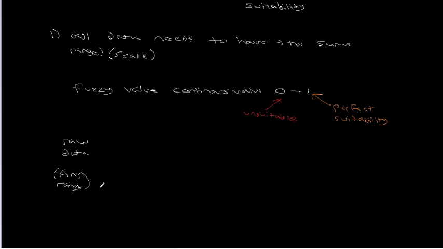It could be amount of money in a bank account. It could be the temperature in degrees Celsius. It could be the inches of rain, right? Any scale you can think of. What we do is we feed all of this raw data into a function. And this function is going to spit out our fuzzy values.